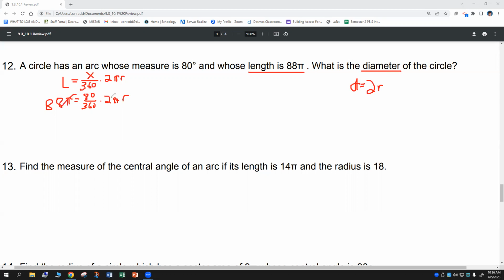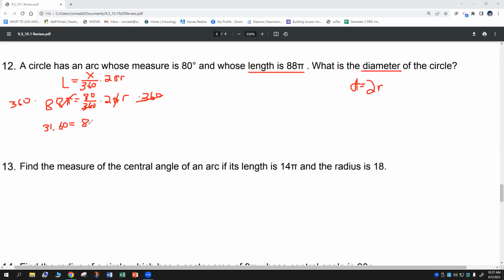Okay, I can start by dividing both sides by pi and then multiplying both sides by 360. We want to get rid of the fraction. Okay, 360 times 88 is going to give me 31,680.